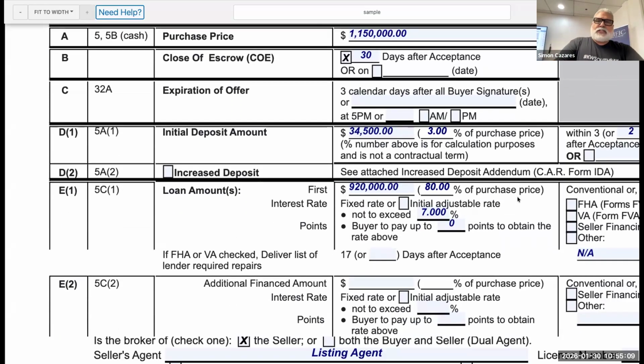Okay, the initial deposit is the amount that the buyer is willing to risk. And I'm going to say that in sincerity, because the deposit is good faith money holding on to a specific property. Well, Simon, what do you mean by that? Okay, it's very simple. If you're going to hold a property for 30 days, you need to have some skin in the game.